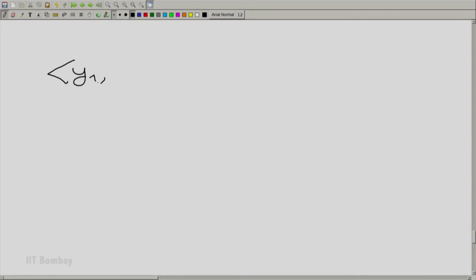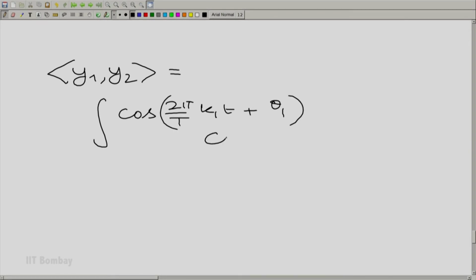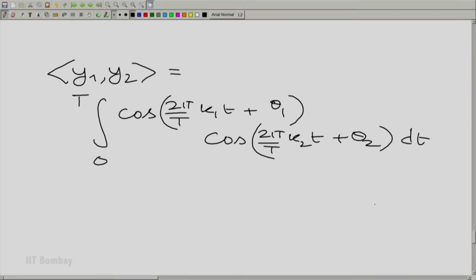So, here we go, the dot product of y1 and y2 is essentially the integral of cos(2 pi by T k1 t plus theta 1) cos(2 pi by T k2 t plus theta 2) dt only between 0 and T. And you know how to split this product of cosines.